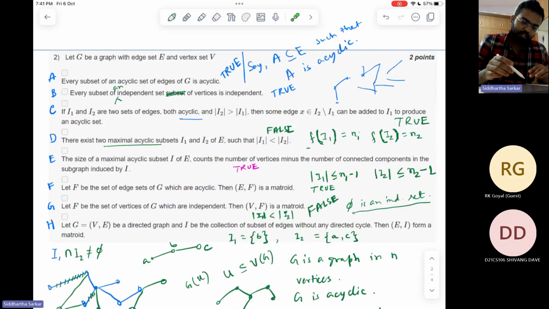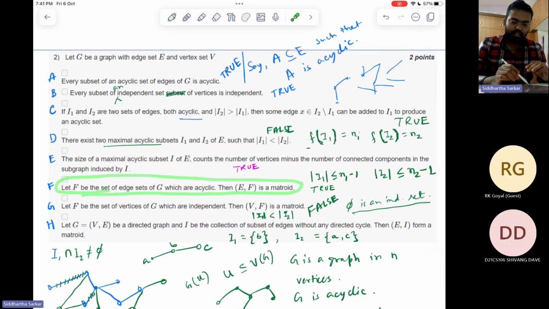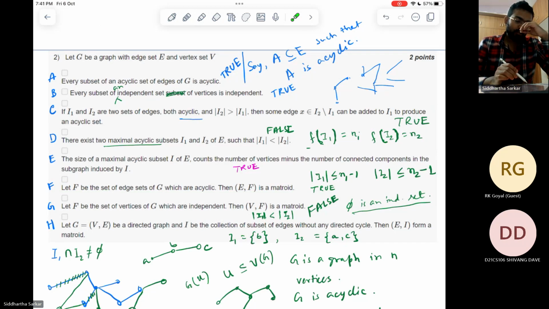Previously we have said that this is a matroid. In an undirected graph, the acyclic property was giving rise to a matroid, but here it is not very clear.